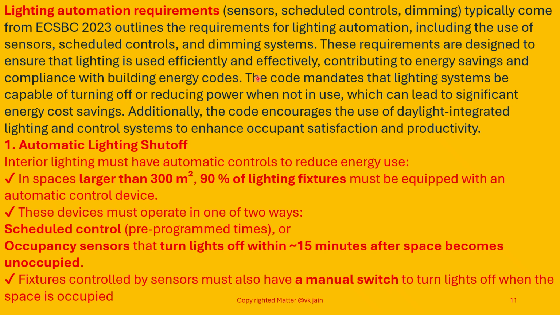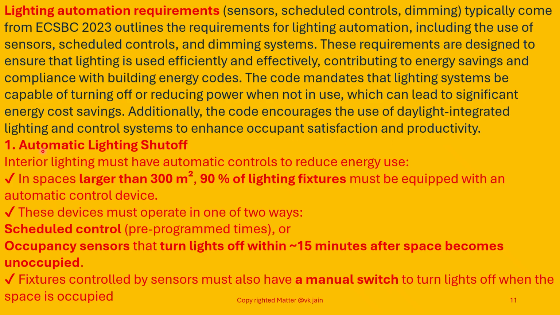The code mandates that lighting systems be capable of turning off or reducing power when not in use, which can lead to significant energy cost savings. Additionally, the code encourages the use of daylight integrated lighting and control systems to enable occupant satisfaction and productivity.